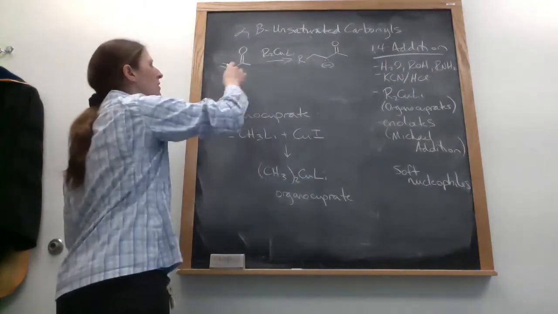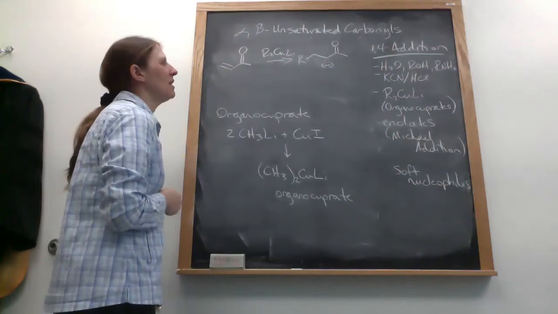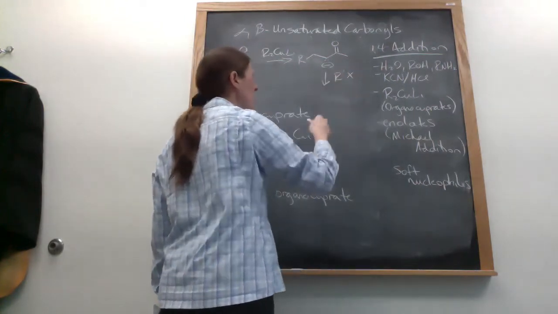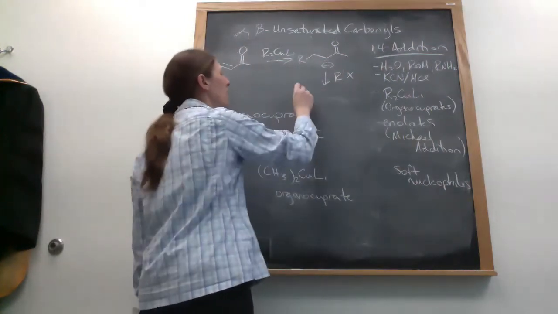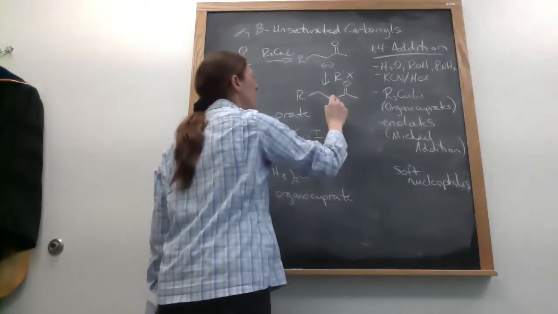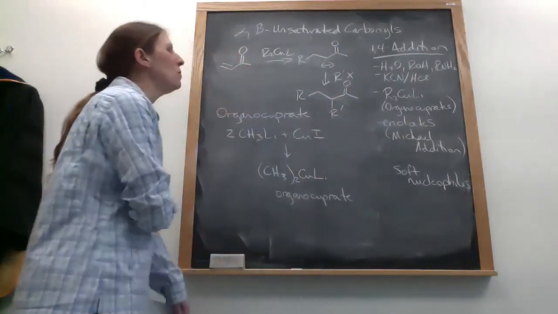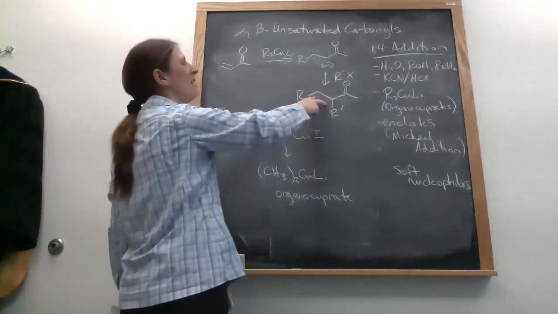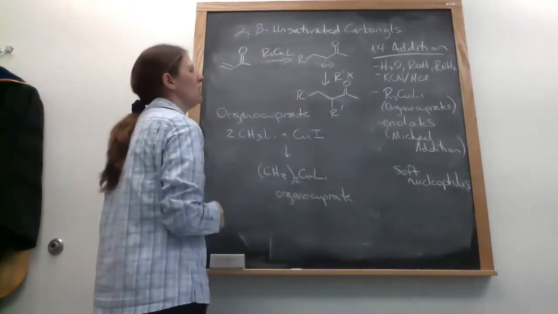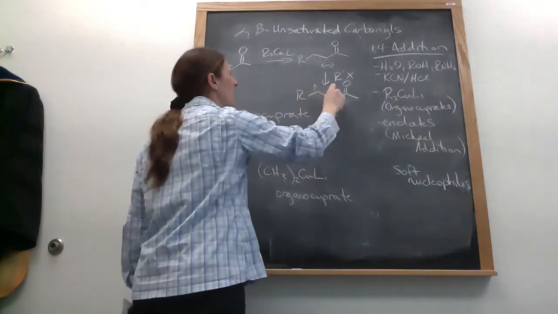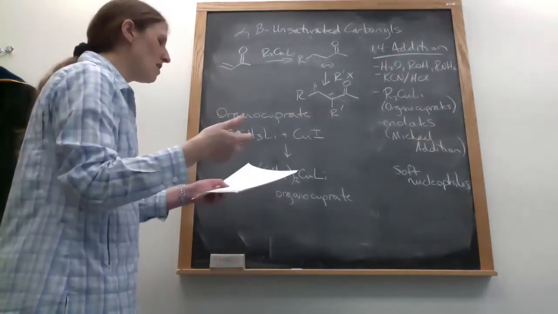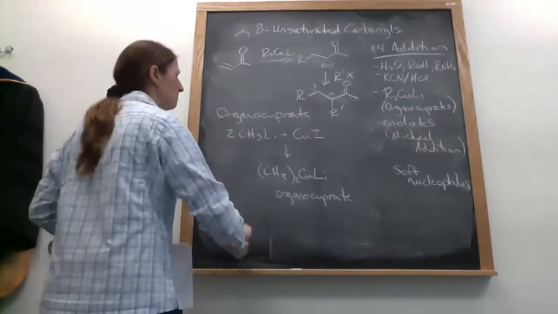So addition of this generates an enolate, which I could capture with a second electrophile. One of the things that's useful about organocuprates is I could add carbon-carbon bonds at both the beta position and the alpha position of the alpha-beta unsaturated carbonyl.